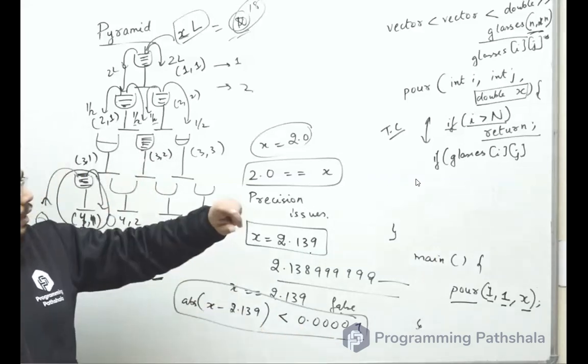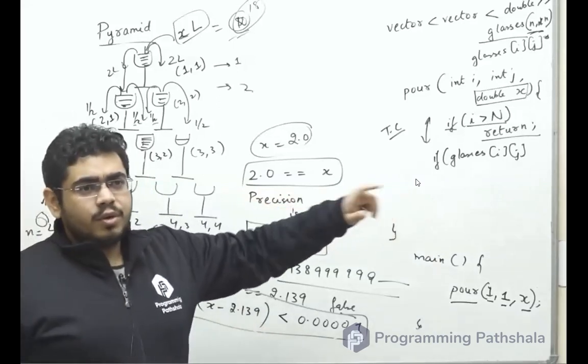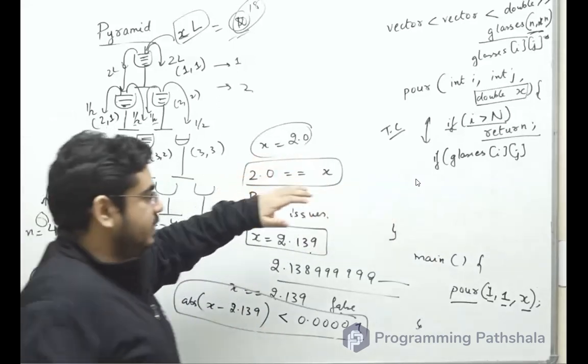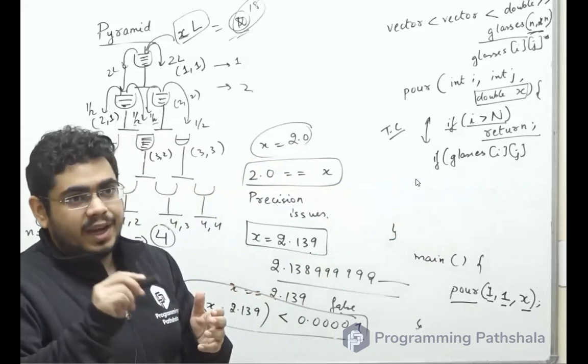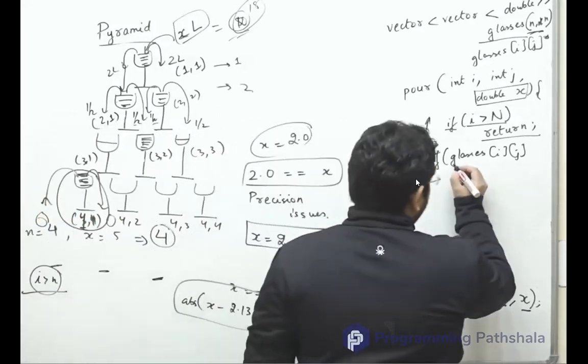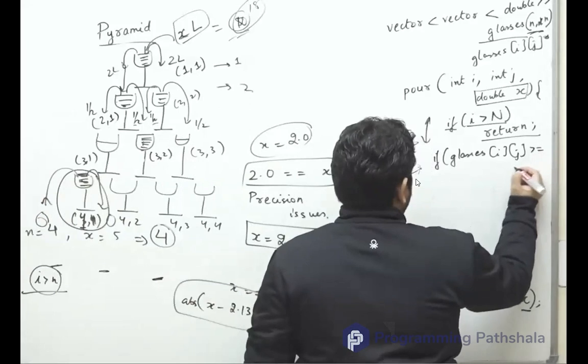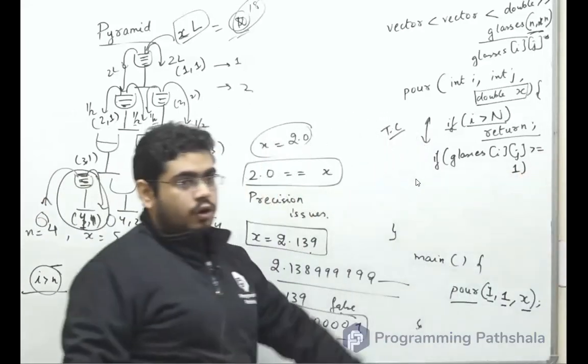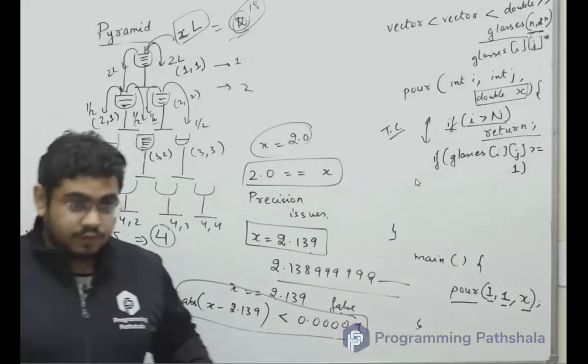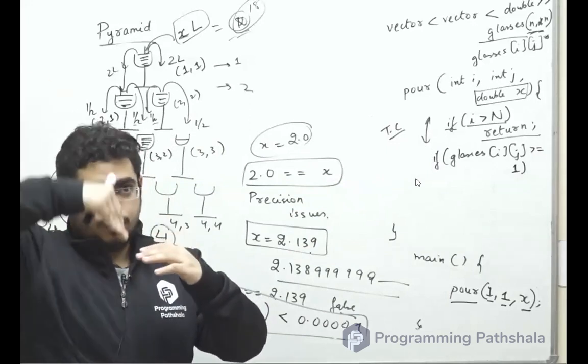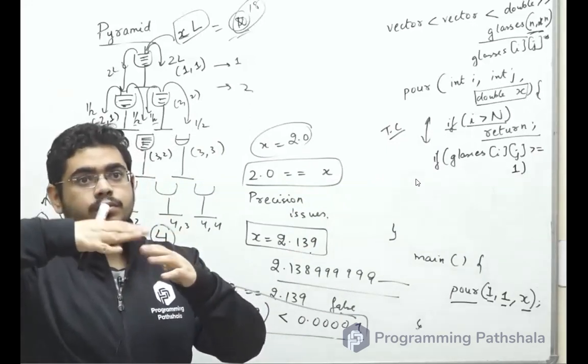Here we don't need to worry about it because we are just storing 1. So we'll be comparing greater than equal to 1. If this glass is already full, that is, its value is already greater than equal to 1, and we are pouring more water, x, what to do?